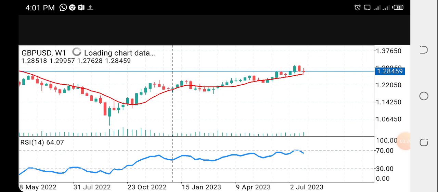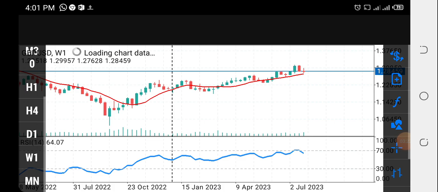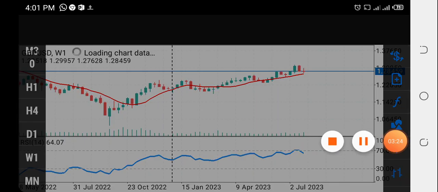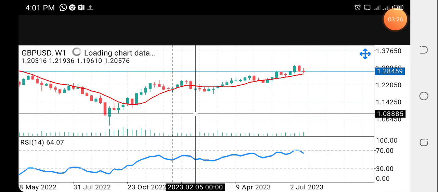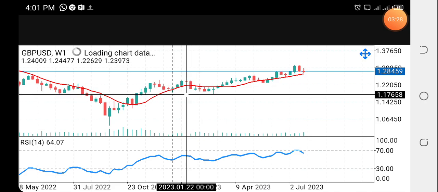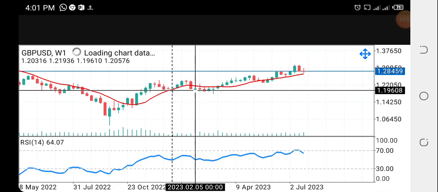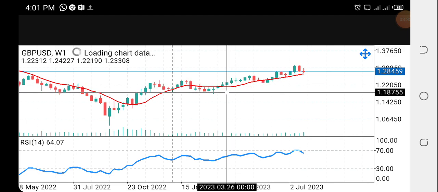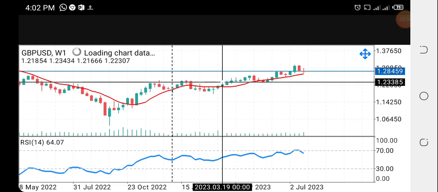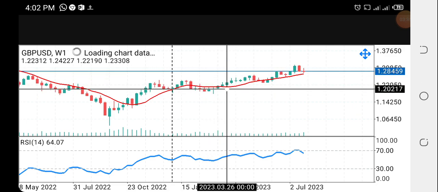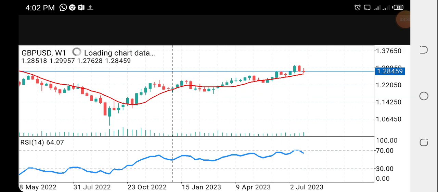But overall, from the weekly perspective, we can still see a series of higher highs and higher lows still in place. You can see from this swing point, this point is lower than this point, which is lower than this point. So the market, from a bigger perspective, is still bullish.